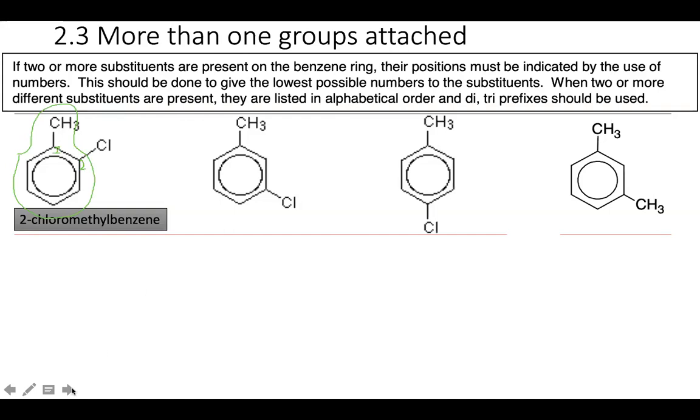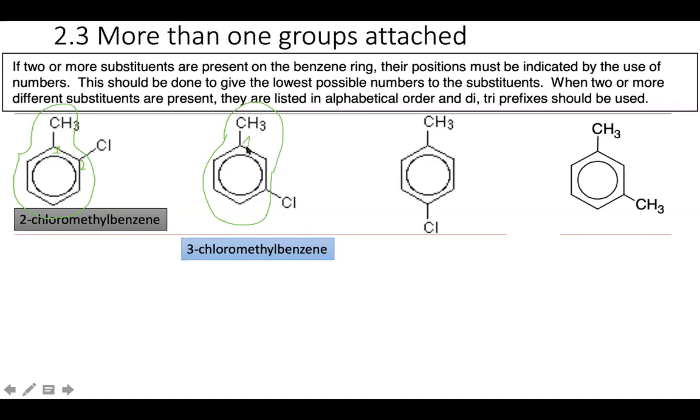Okay, next, again, your principal chain is a methylbenzene. How do you know that? Well, just from experience. Okay, so in this case, your chlorine is 3-chloromethylbenzene. Either you call it 3-chloromethylbenzene or 5-chloromethylbenzene, but 5-chloromethylbenzene is wrong. I mean, it's not the lowest number.